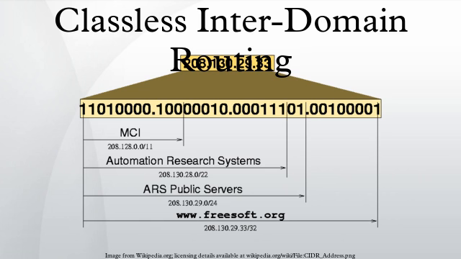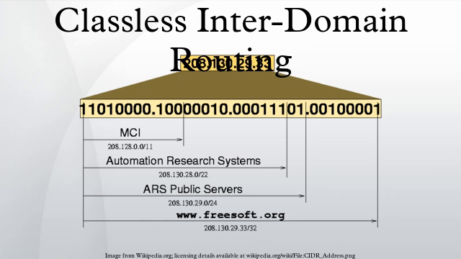CIDR introduced an administrative process of allocating address blocks to organizations based on their actual and short-term projected needs. The aggregation of multiple contiguous prefixes resulted in subnets in the larger Internet, which whenever possible are advertised as aggregates, thus reducing the number of entries in the global routing table.